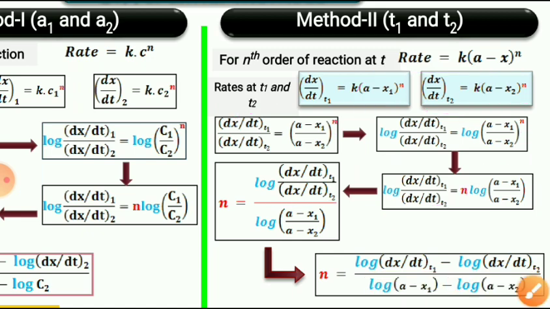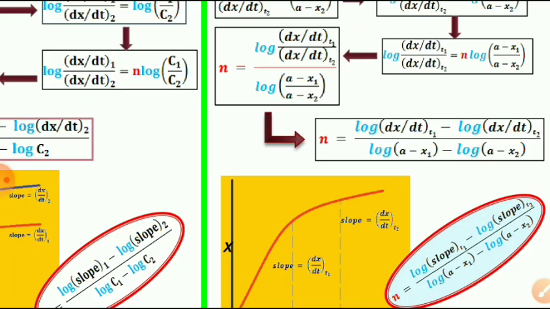Again we have already seen that log of a upon b can be written as log of a minus log of b. So we get n equal to log of dx upon dt at t1 minus log of dx upon dt at t2, divided by log of (a minus x1) minus log of (a minus x2).